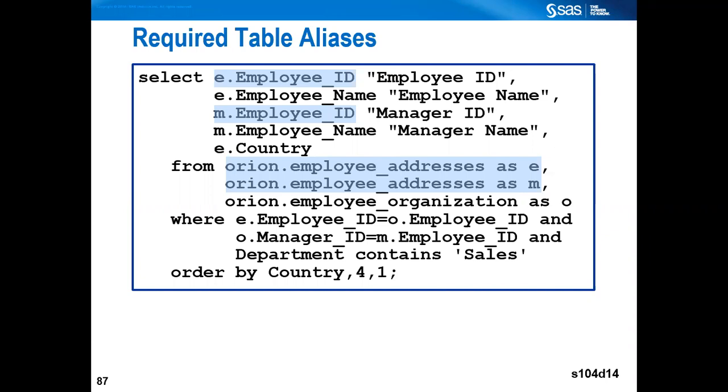Yes, Ashwini. Then you are doing inner join, you are telling SAS that you are also reading a third table, comma, Orion dot employee organization as O. Correct. So this organization will have the information about your employees, in which department they are working. All okay.